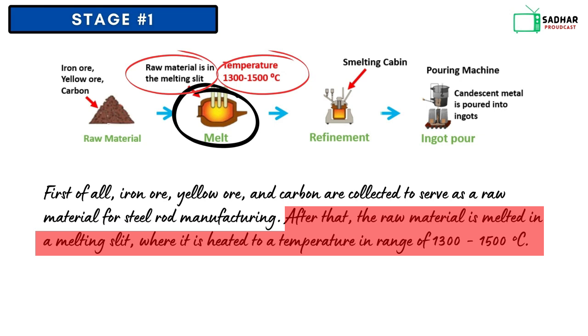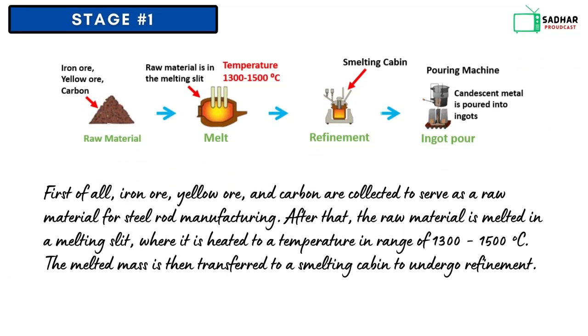So our next sentence, after that, the raw material is melted in the melting slit, where it is heated to a temperature in range of 1300 to 1500 degrees Celsius.